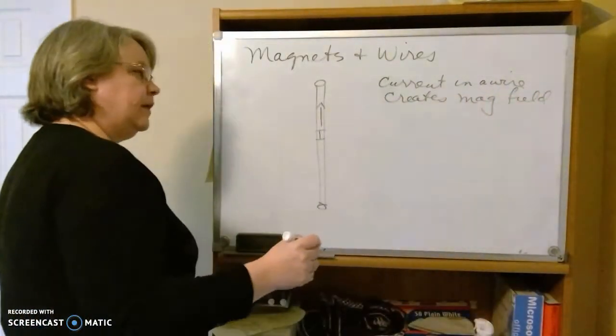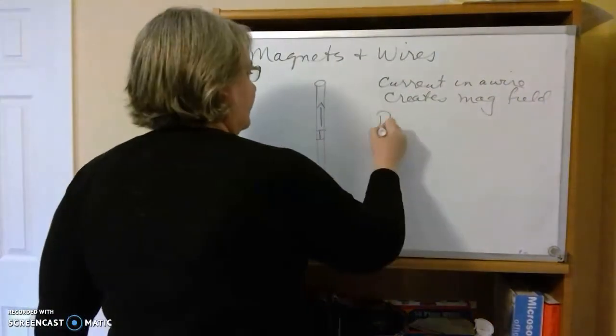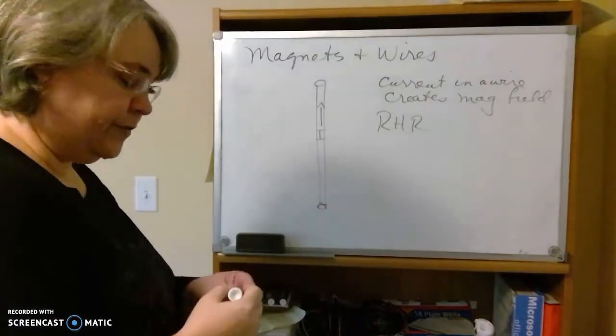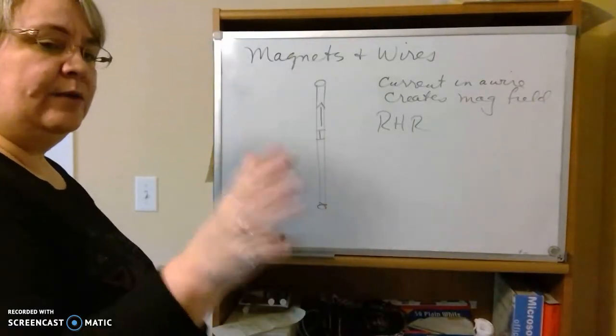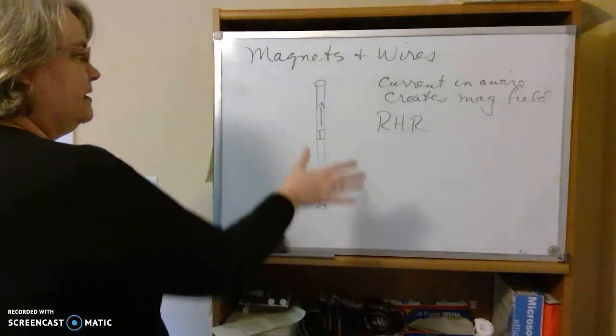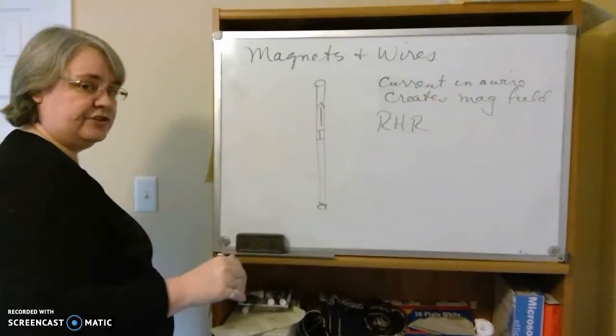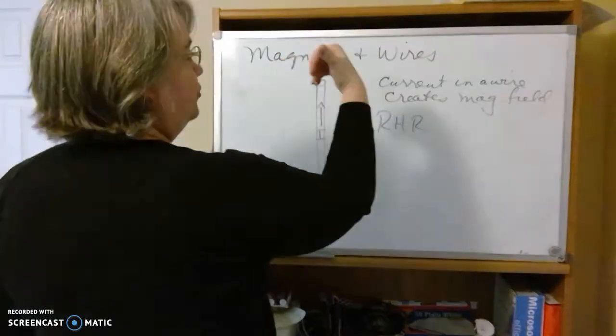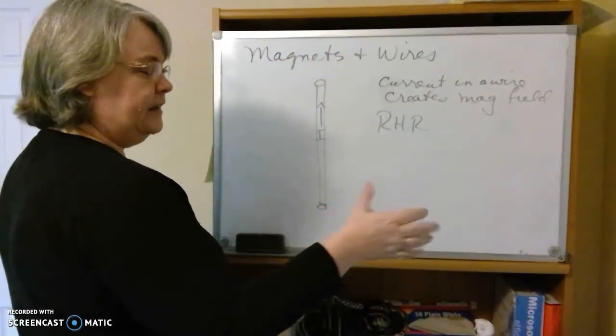around it. Okay, and we use our right hand again in a different version of the right hand rule. And what we're going to do is align your thumb with the current just like you would normally, but then the natural curve of your fingers, right?